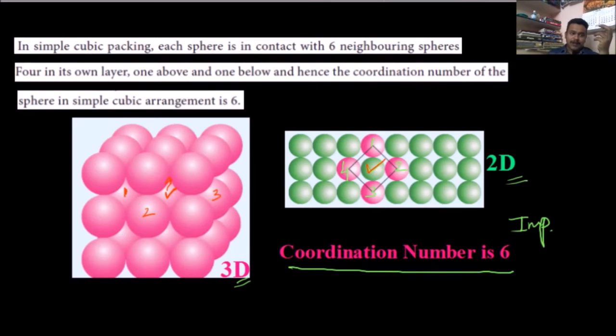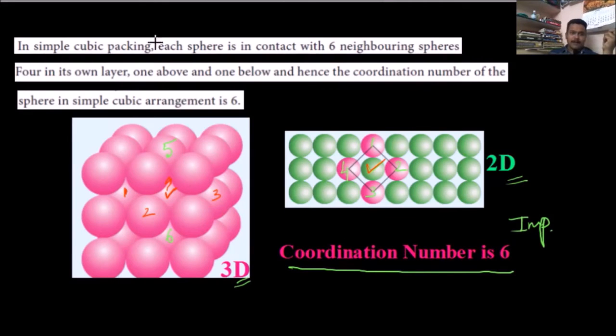And upside, above there is the 5th one, and the one below is the 6th one. So overall 4 spheres are in the same layer, one sphere in the above layer and one more sphere in the below layer. So the overall coordination number of a sphere in this simple cubic arrangement is 6.